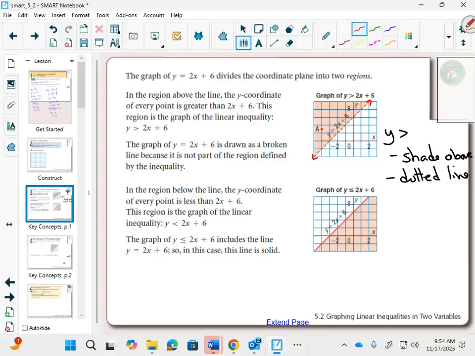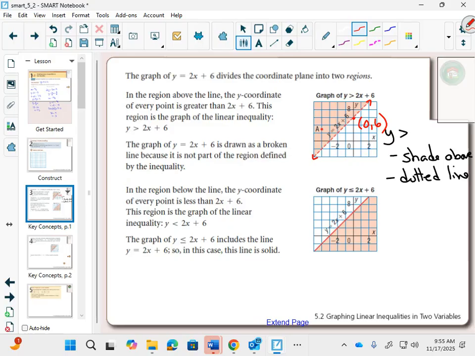Okay? If it's greater than, we are going to shade above, because if you take any point on this line, let's say I take, for example, the y-intercept 0, 6. Obviously, 0, 6 doesn't work, because if I plug it in, those two things are equal.